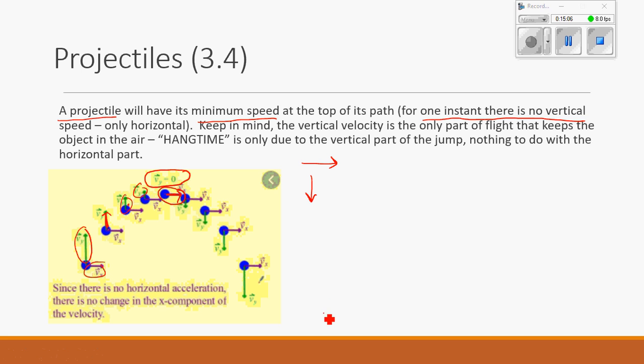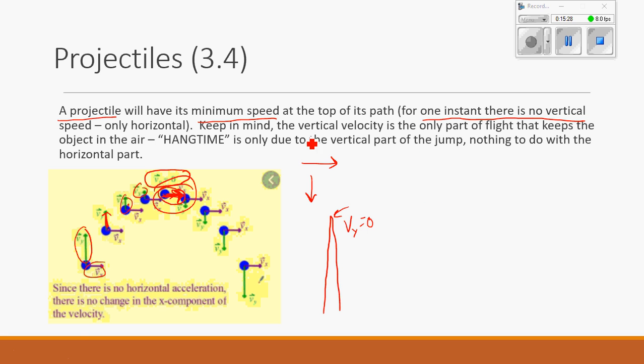So when we did our soccer punt, right before it turned around, there it is. So right there, we've been using that a lot. That velocity in the y direction is 0, which only leaves then this horizontal component of the velocity for that one instant.